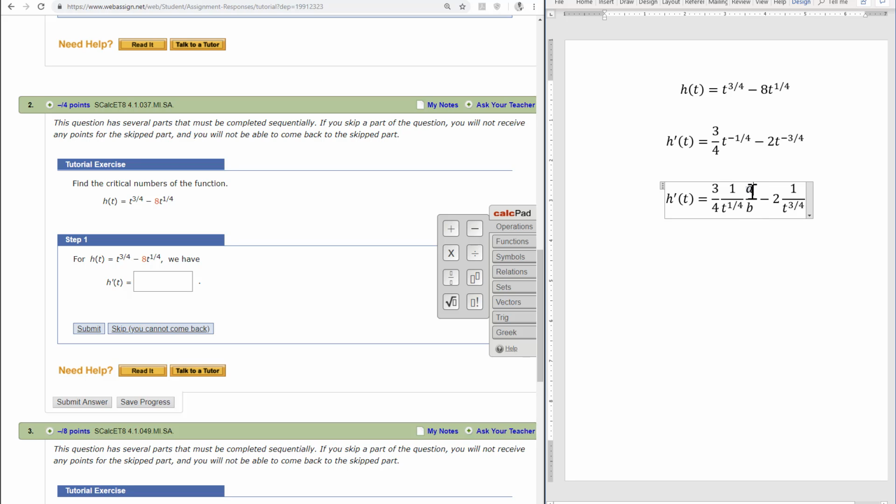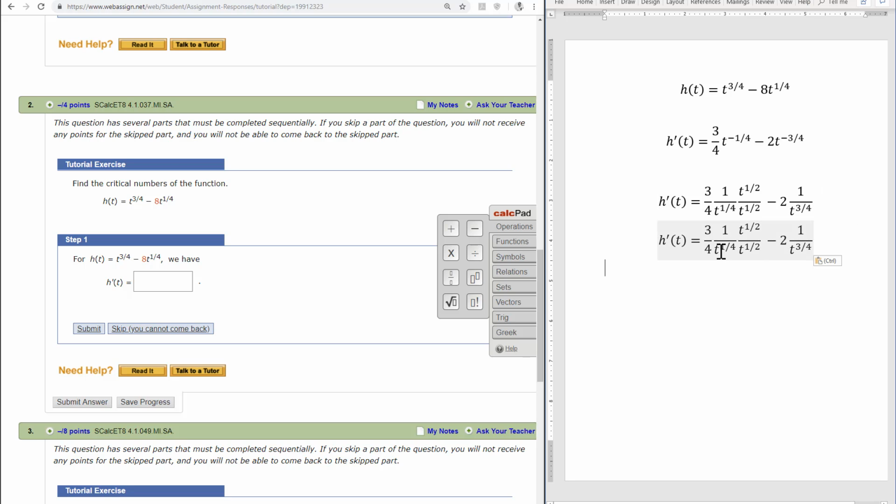I have to multiply by the same expression on top as in the bottom. So I think if I multiply this by t raised to the 1/2, that's actually 2/4. If I multiply this on top and in the bottom, then we will have a common denominator of t to the 3/4. Okay, so that's our plan.